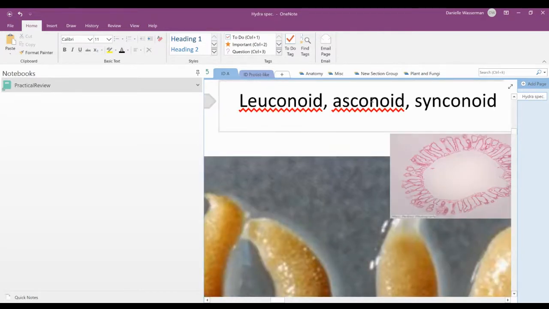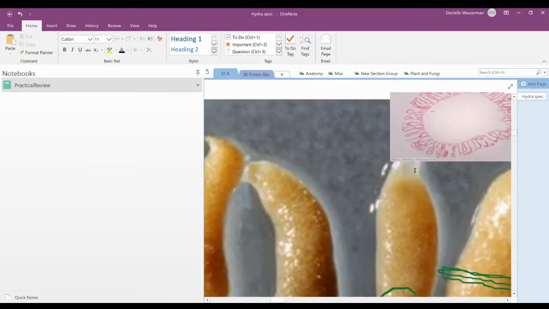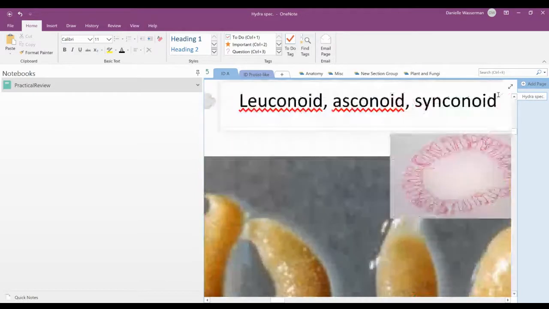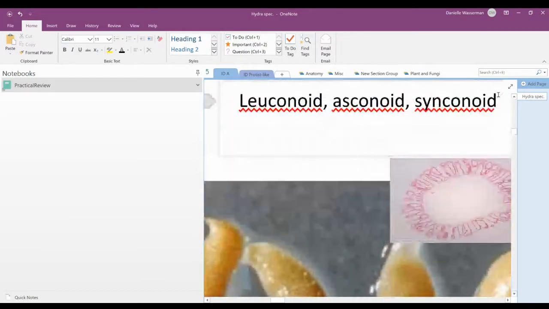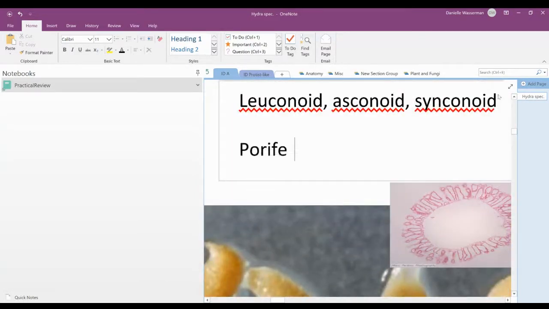This one is asconoid. It's also called grantia. So some other sponge vocabulary words. Porifera, that is the phylum.